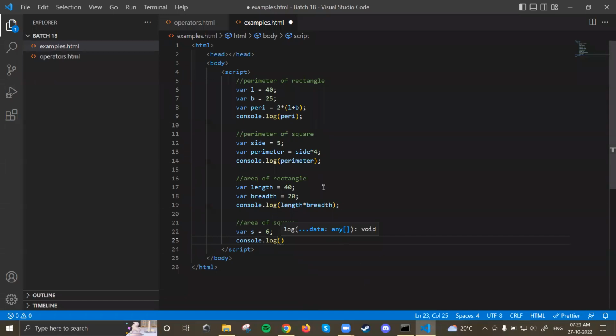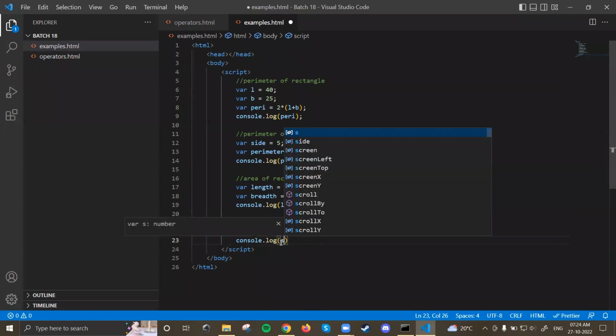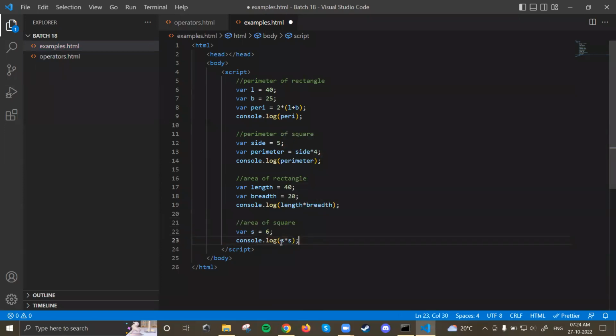The area of square is nothing but the same as the area of rectangle, length into breadth. So what is the length in the square? It is 6. Breadth is also 6. So we have to write here s into s, isn't it? Side into side will give you the area of square. So that is 36.